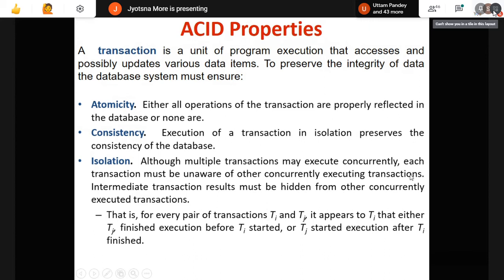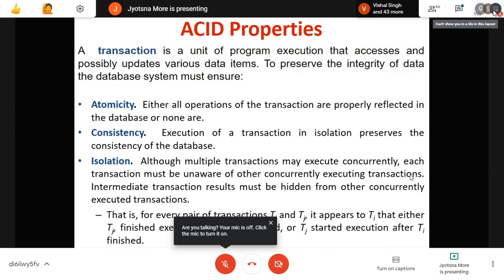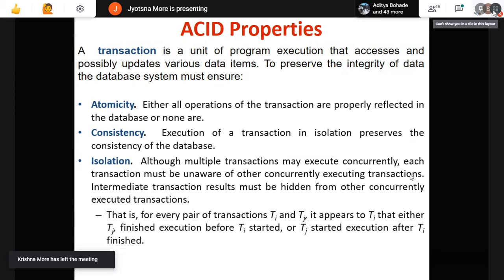I am executing one transaction and you all are executing one transaction. I should not bother what is happening at your side. I will think about my transaction, how I am satisfying the atomicity, consistency, and my transaction execution, right?